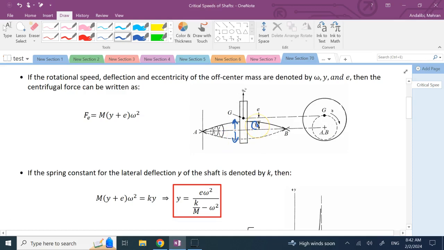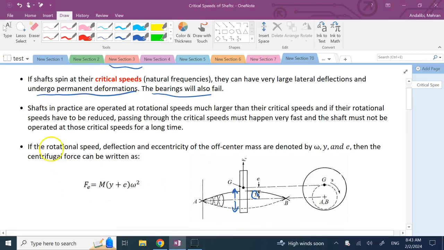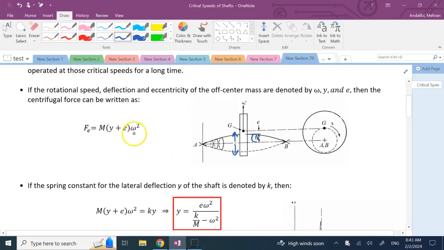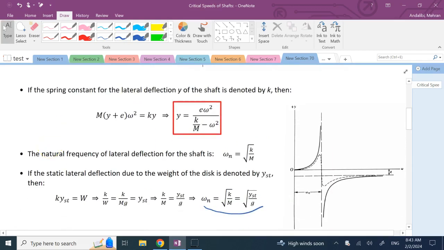can be very, very big, which can lead to bearing failures, and it is going to create permanent damage and deformation to the shaft. So in reality, when you design a shaft, the first thing is you make sure that your operating RPM should be quite a bit above or below this speed that we call the critical rotational speed.